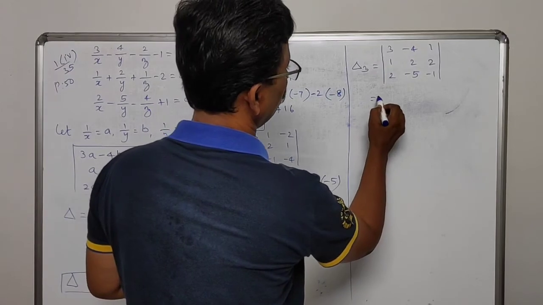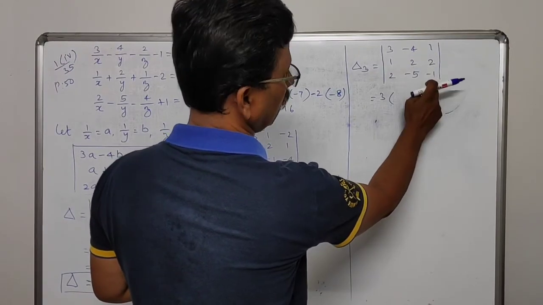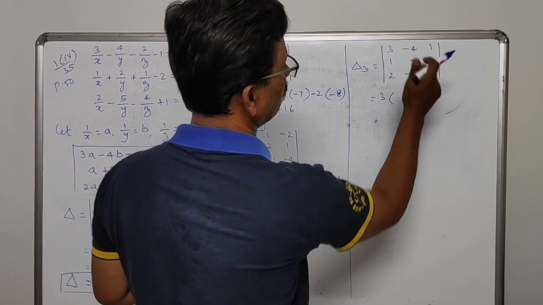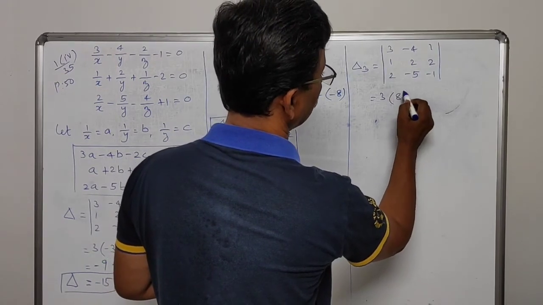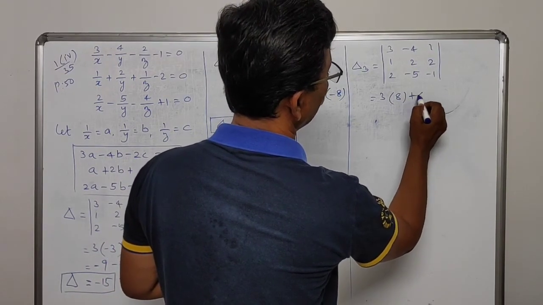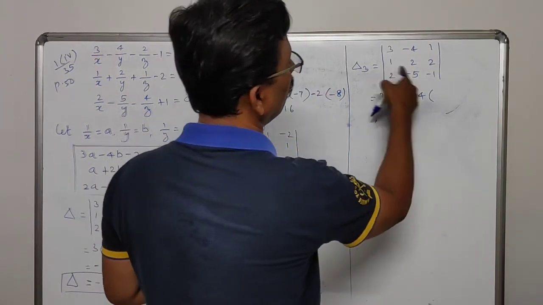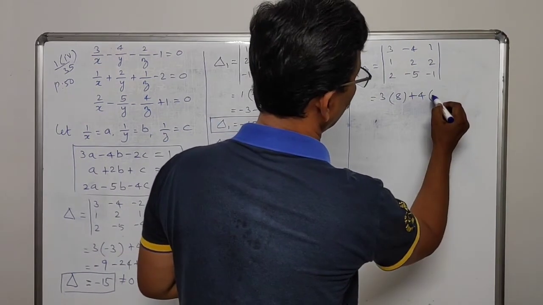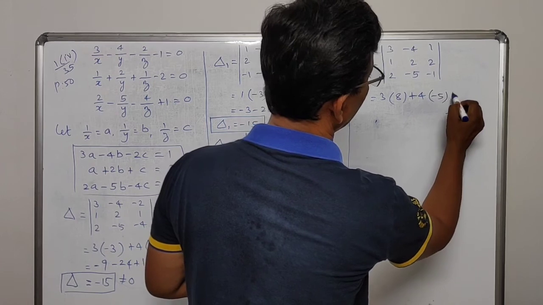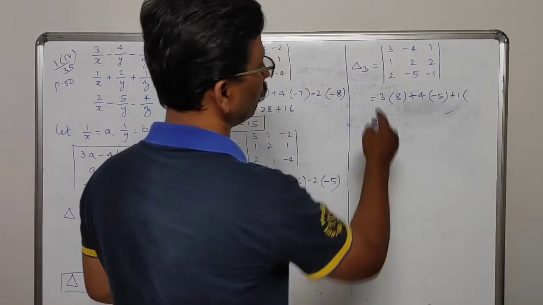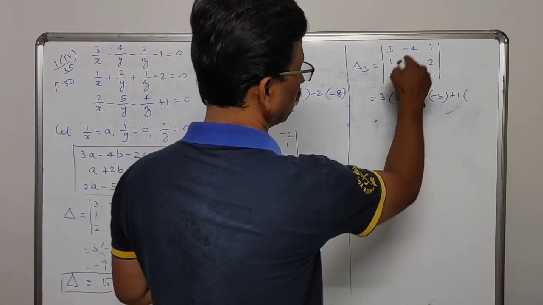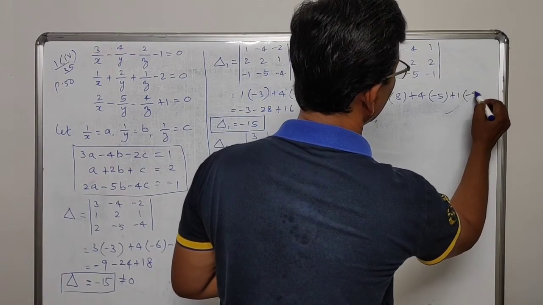Now which is equal to 3 into minus 2 plus 10, you can write 8. Then minus of minus 4 gives plus 4 into minus 1 minus 4 gives minus 5. Then plus 1 into minus 5 minus 4 gives minus 9.